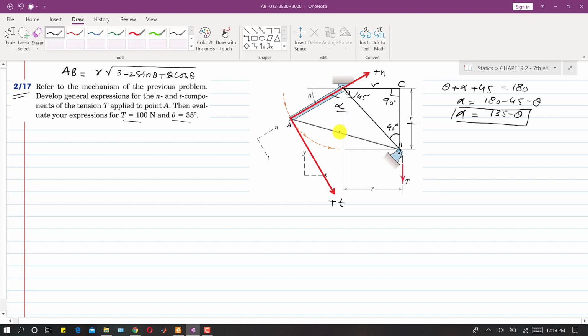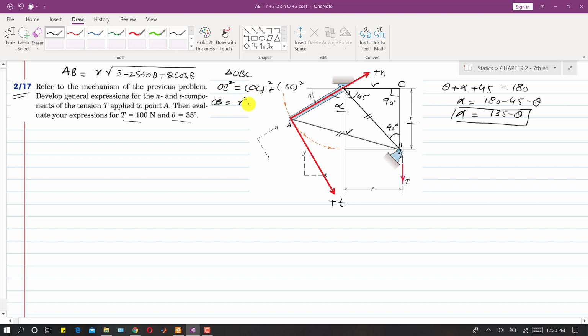We know this AB length as well. And this length, what will be this length? Now this is a right angle triangle OBC, so OB is the hypotenuse of triangle OBC. So OB is equal to the square root of OC squared plus BC squared, right?